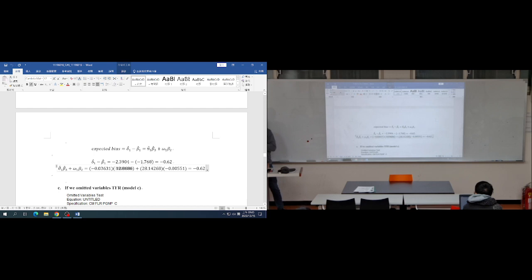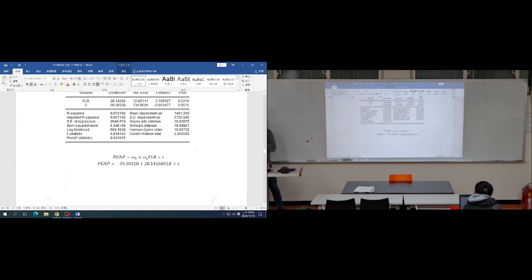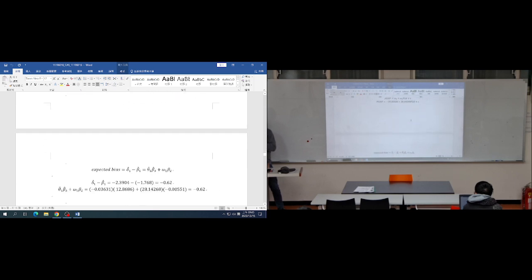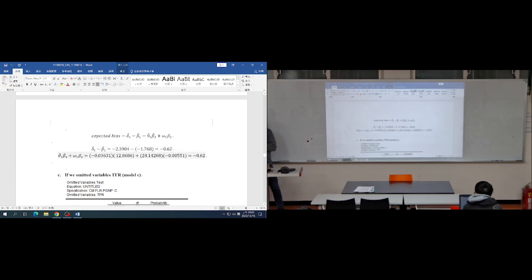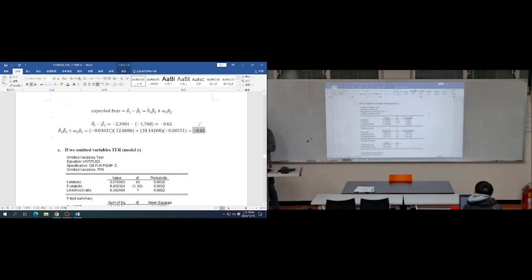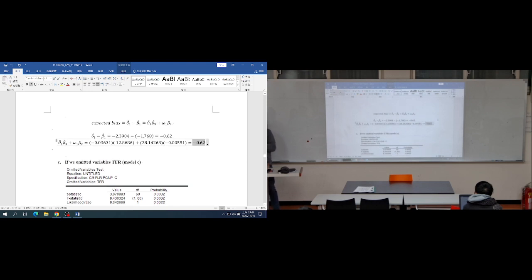And here are the two coefficients of the specific regression analysis we ran to find the impact of this omitted variable on our FLR variable. Here are the actual coefficients, which I'm not going to scroll up again because they're in the previous regressions, and we got this final expected bias, which is negative. I say this is negative because that's what will interest us most for the next part. So that was for the first model, model B.